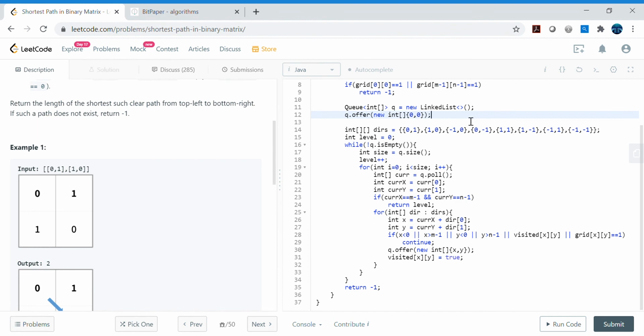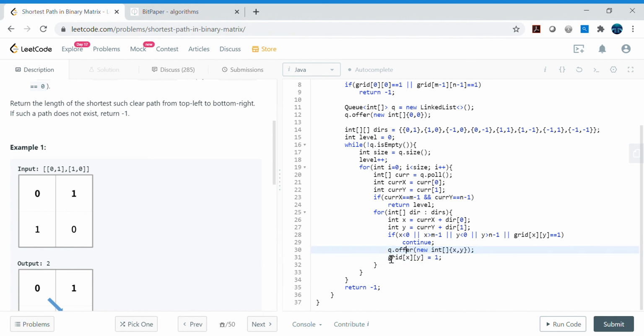So for example, if I remove that one and remove this check, then I can check if it is 1, then skip that, and basically rather than visited true, I can do grid x y equals to 1. Because I know if it is coming after continue, then this grid cell is 0, right?